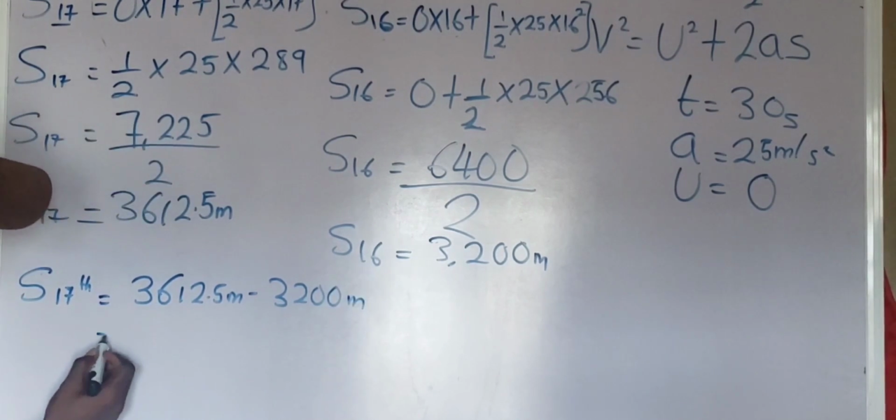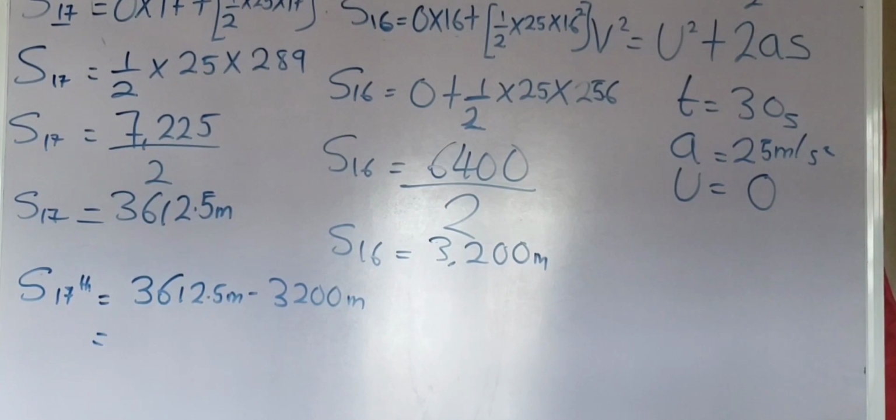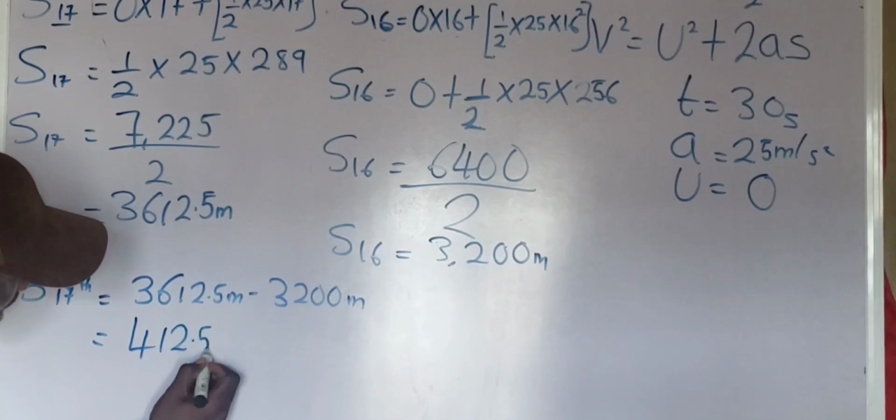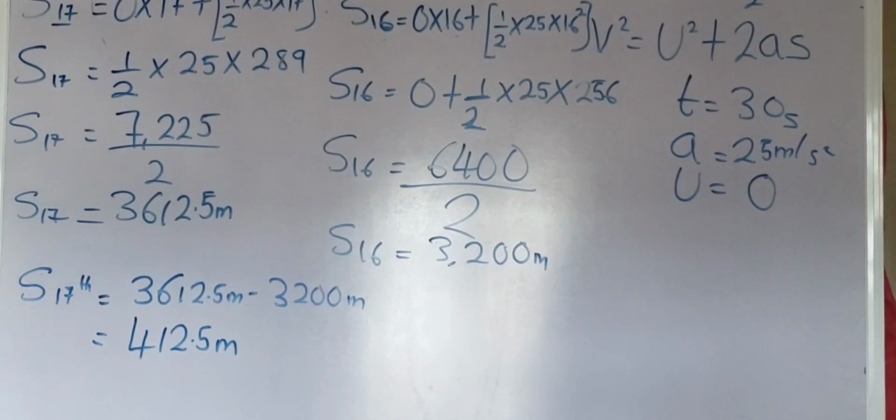You understand? That is 412.5 meter. That is the distance that the Formula 1 car covers in the 17th second of the motion.